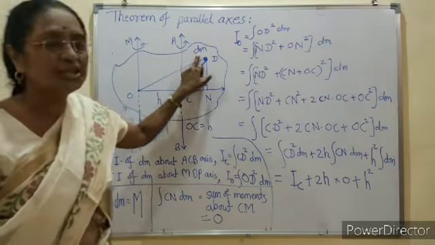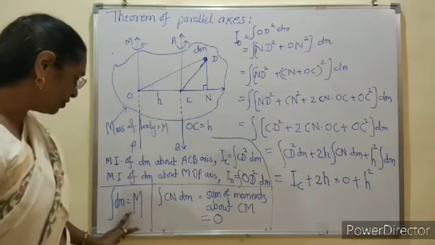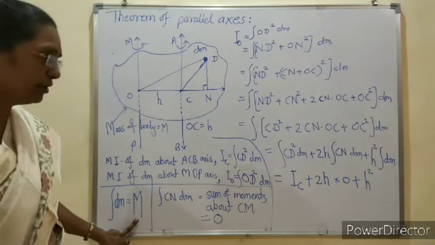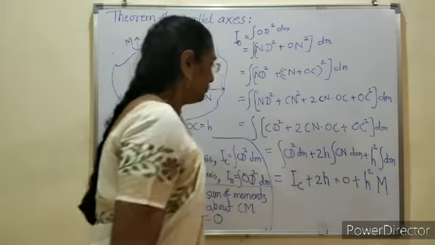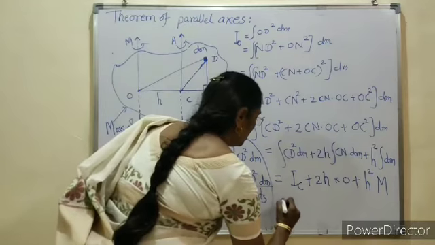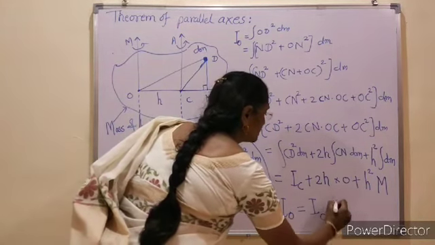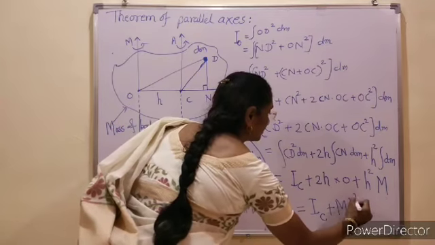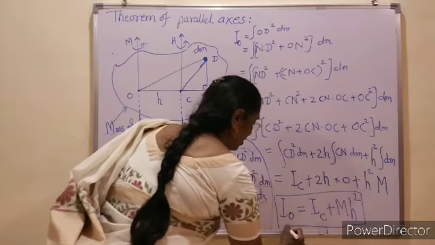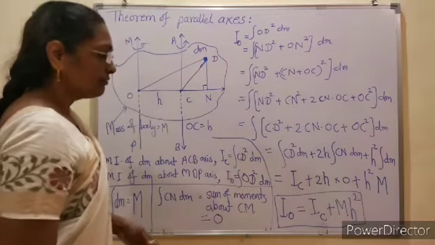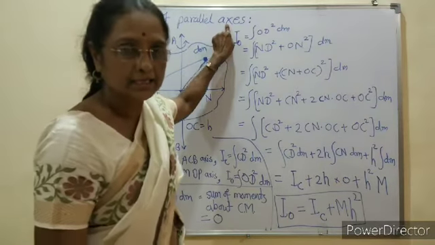If we add or integrate all such elements dm, then it is M. Now H square into M. We can write here IO is equal to IC plus MH square. This is the mathematical formula for the theorem of parallel axis.